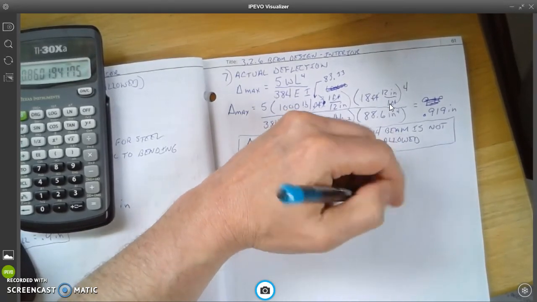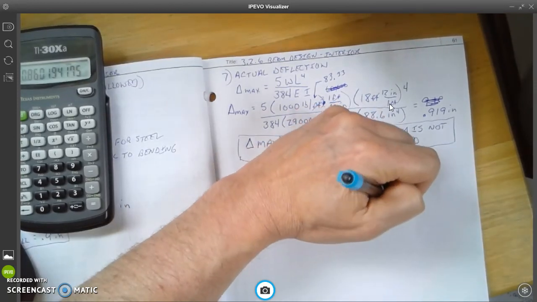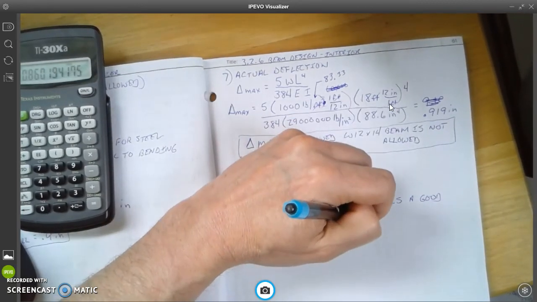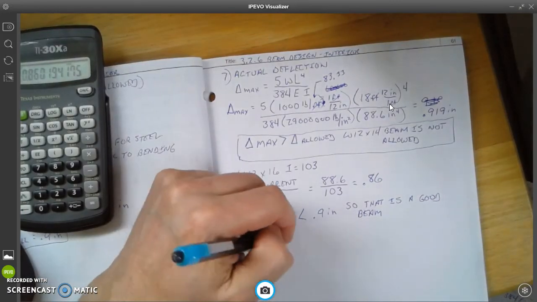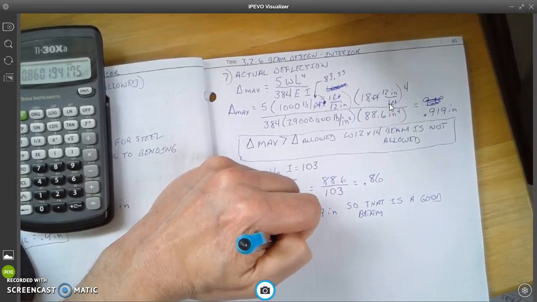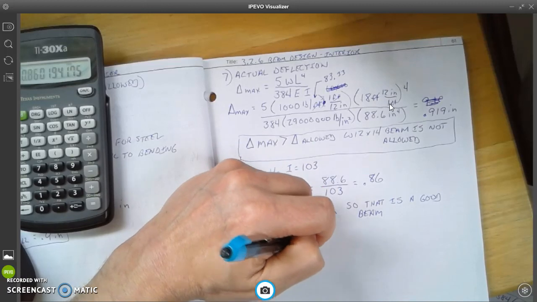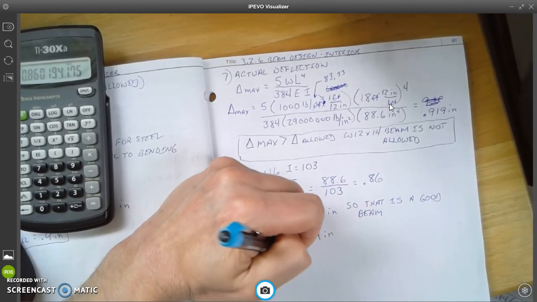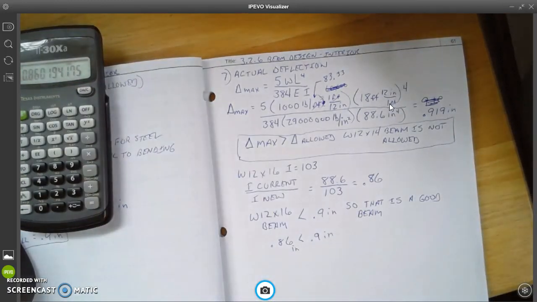So that is a good beam, because this value right here is 0.86, and that is less than 0.9 inches. And this one should be inches down here also. So that's how you do that calculation.